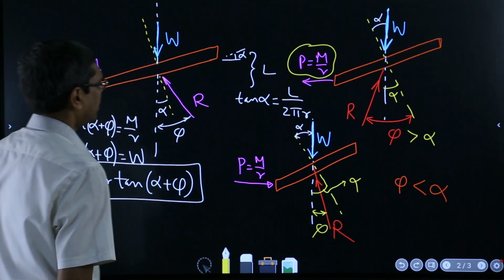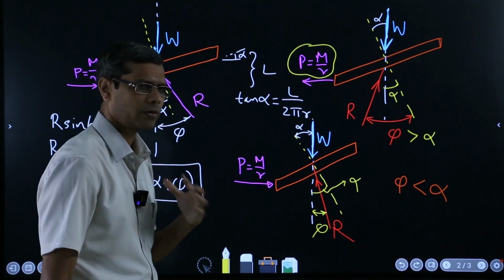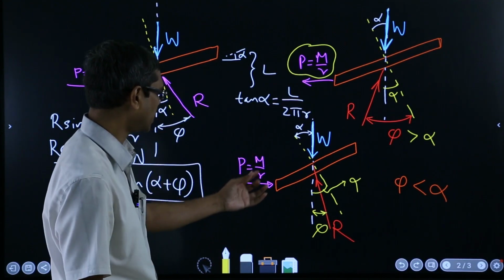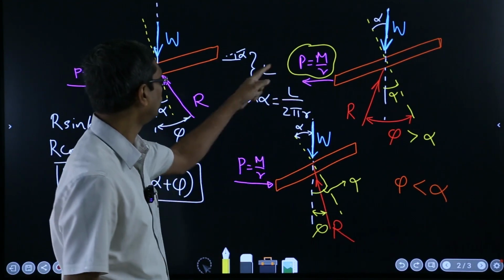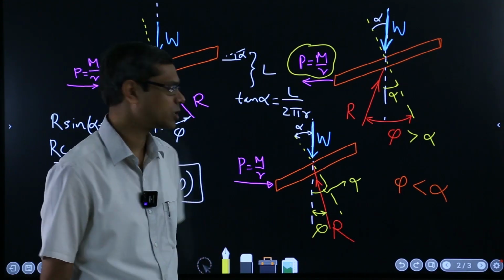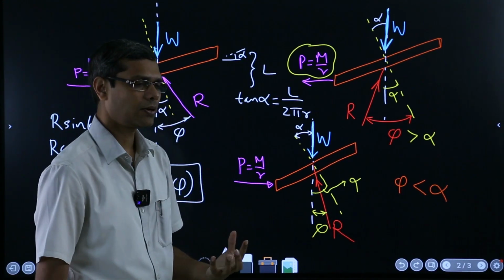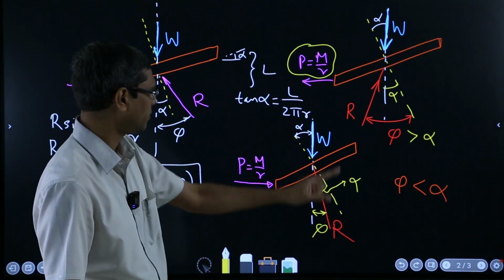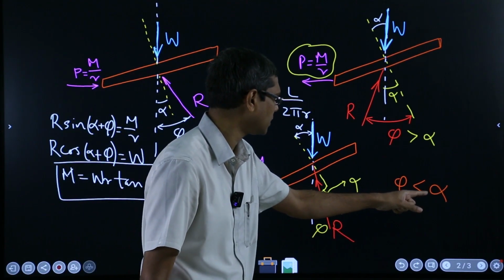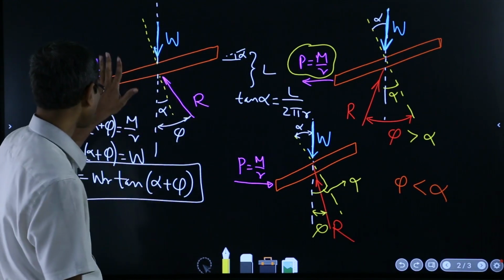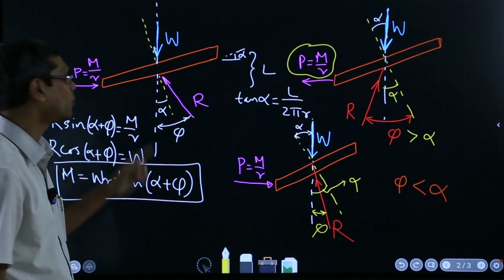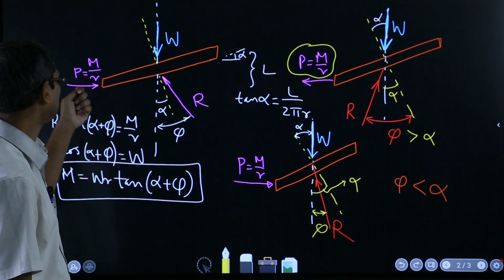So this interpretation gives very easily understandable ideas of self locking: the force required for unwinding the screw, or the force required to stop the screw from falling down when the condition alpha is more than phi prevails, and the normal lifting moment or lifting force which you require.